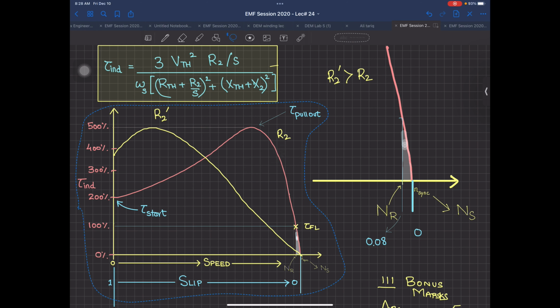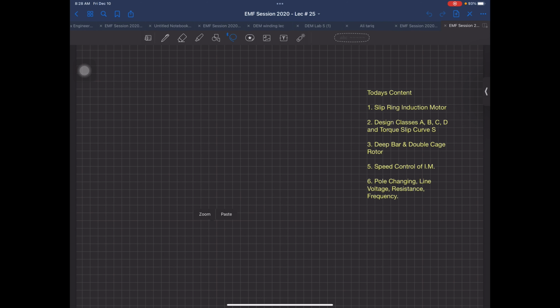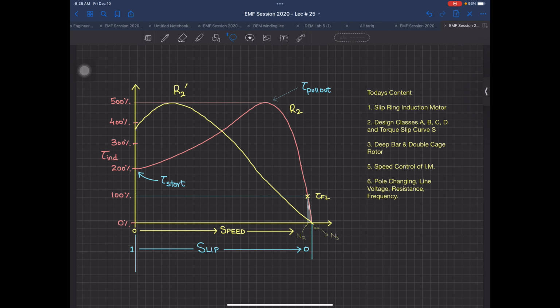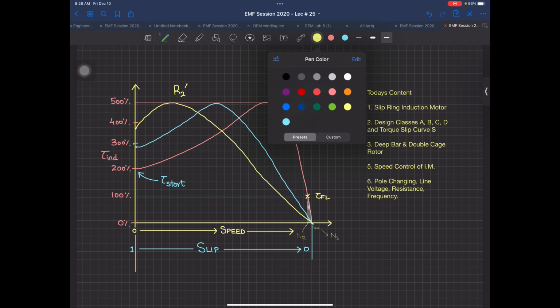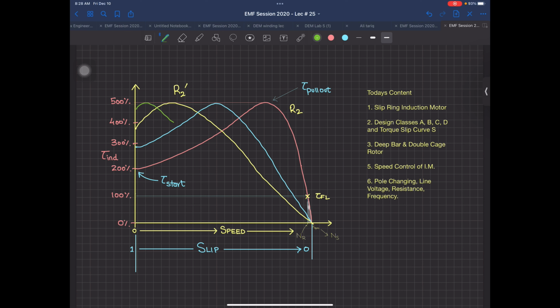So I can have a lot of slip ring induction motor curves based on this one. If I have this blue color over here, I can make another curve like this, and I can have another curve, maybe in green color, which will be a little bit different.